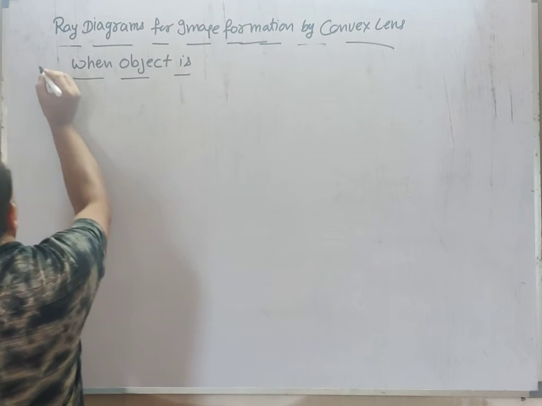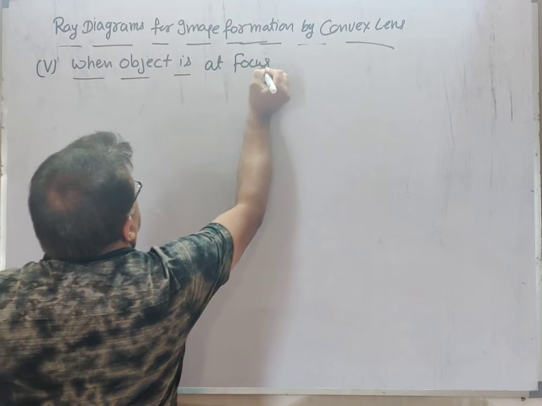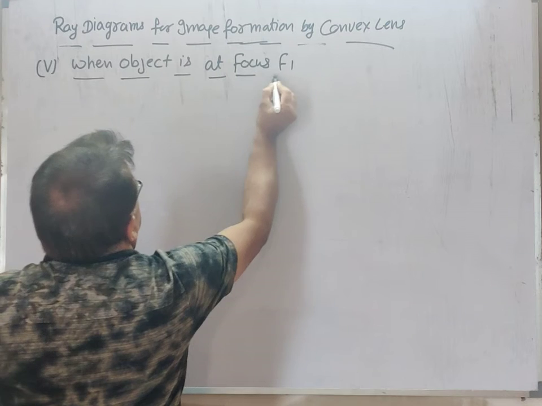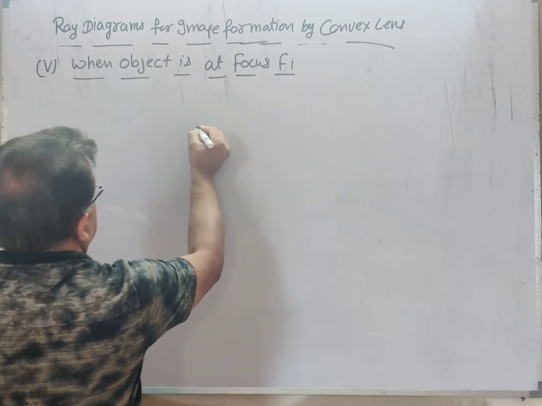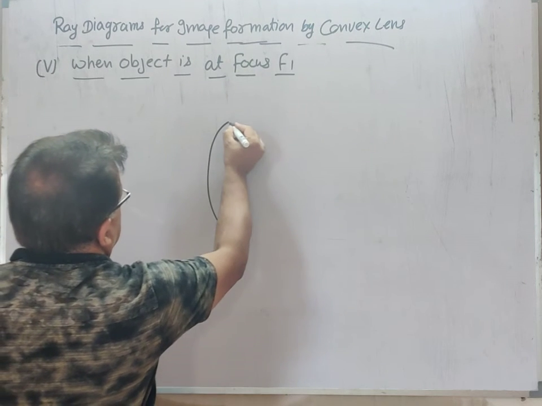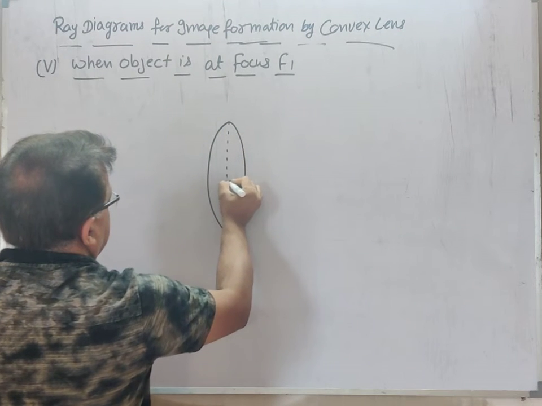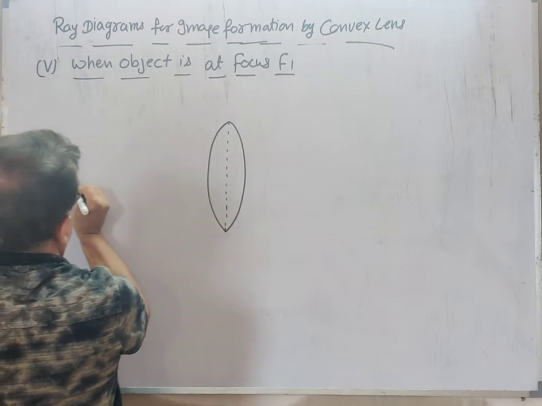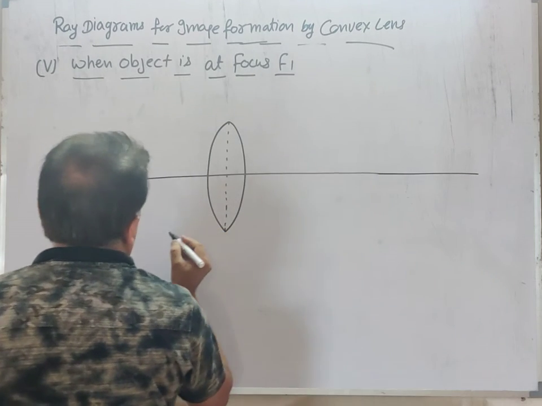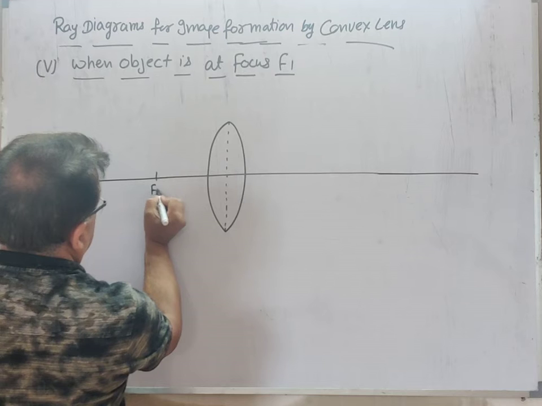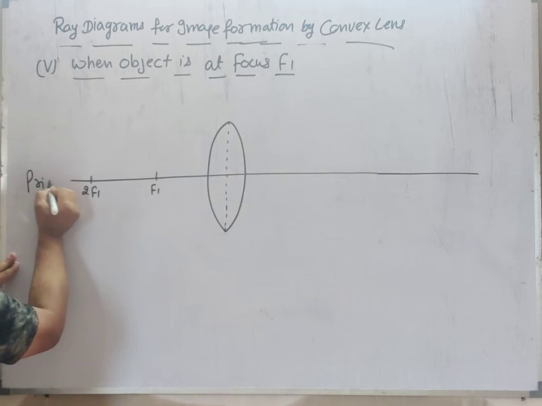Now the fifth position is when the object is at focus f1. It is a convex lens, with f1 to f1 and the principal axis.